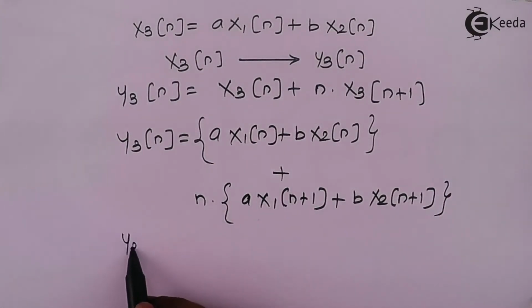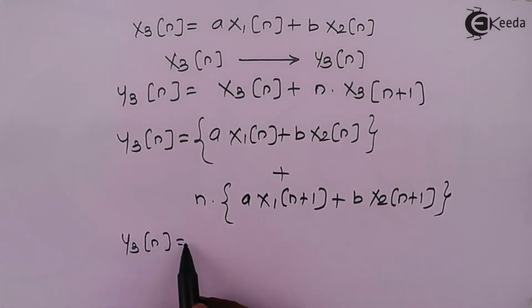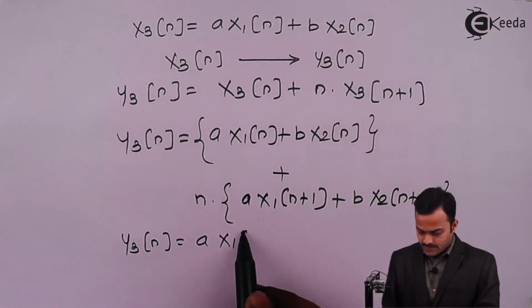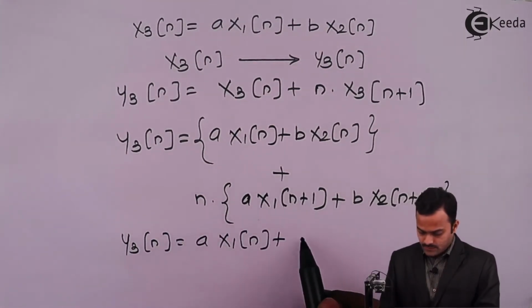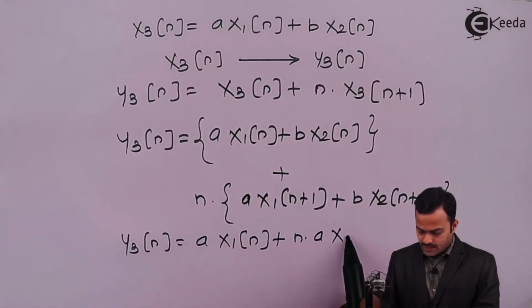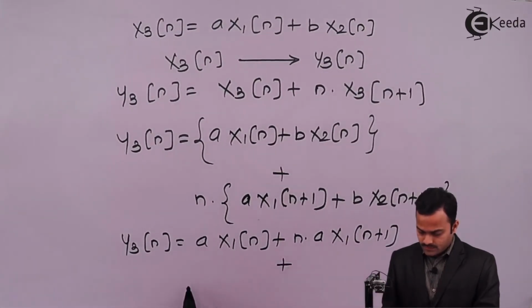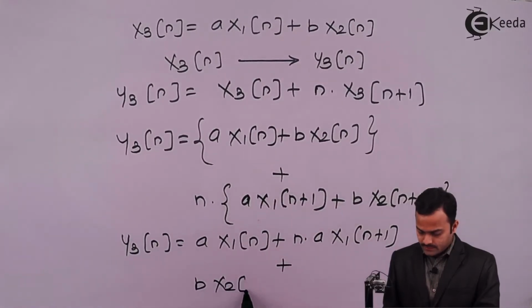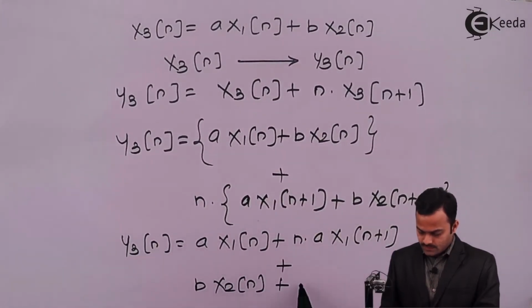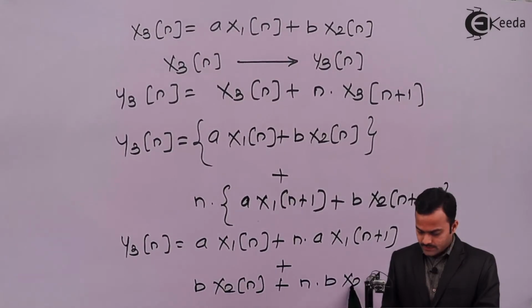So if I simplify, I will get y3n as a times x1n plus n into a times x1 n plus 1 plus b times x2n plus n into b times x2 n plus 1.